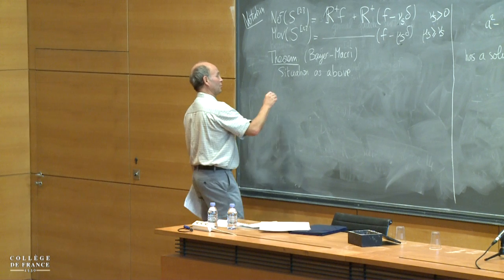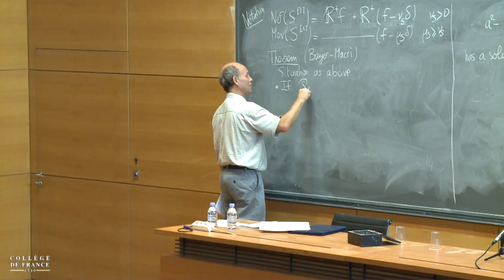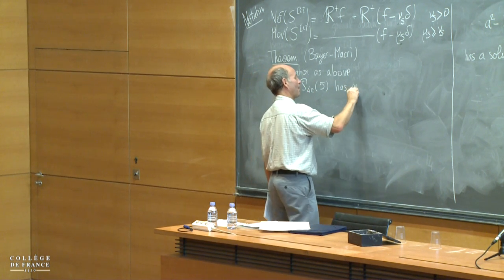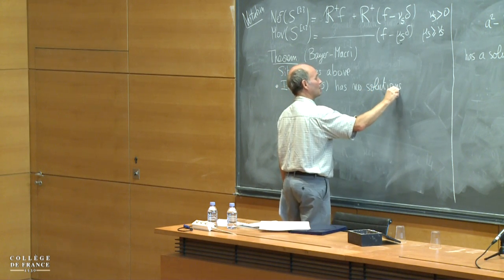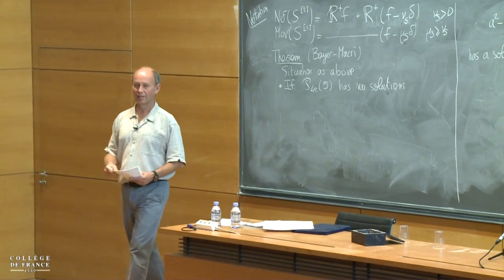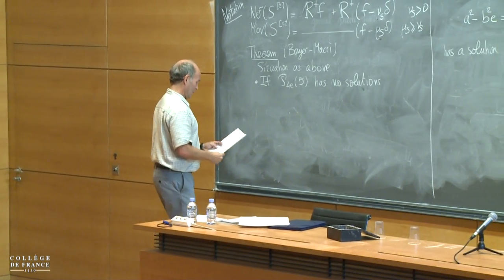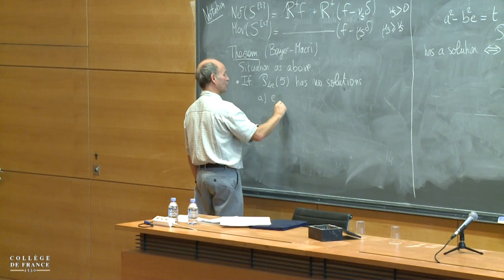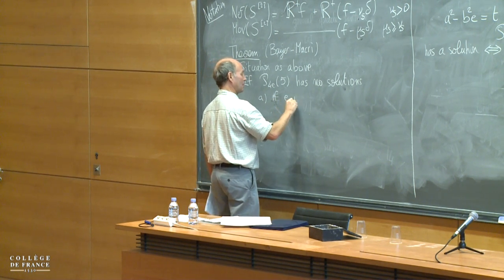There are two cases. If the equation P_{4e}(5) has no solution, in other words, -10 is not represented, then two cases: either e is a perfect square.